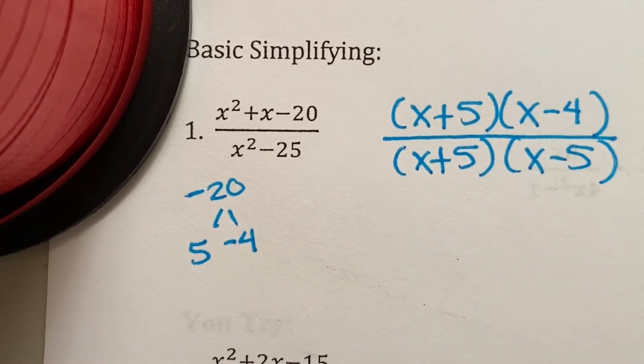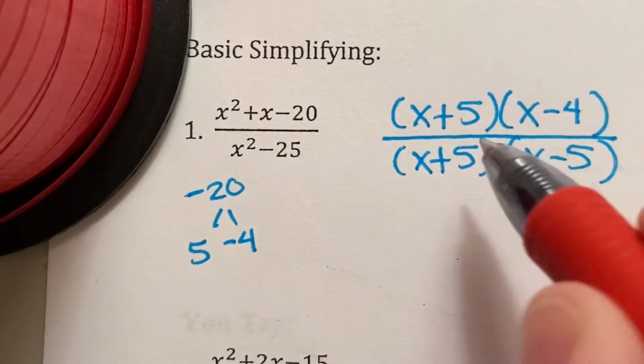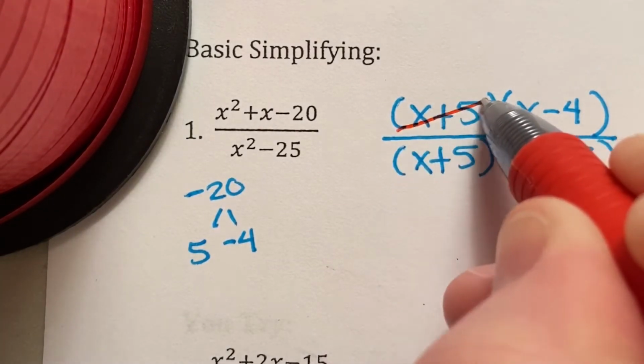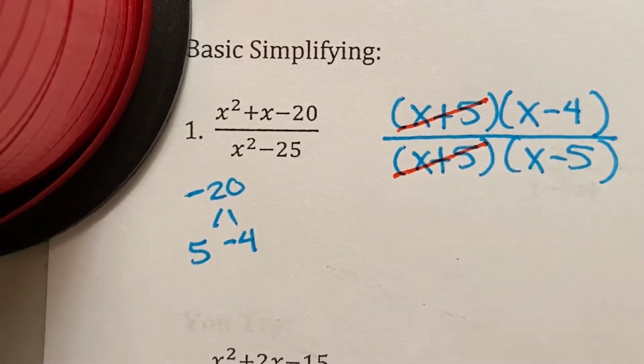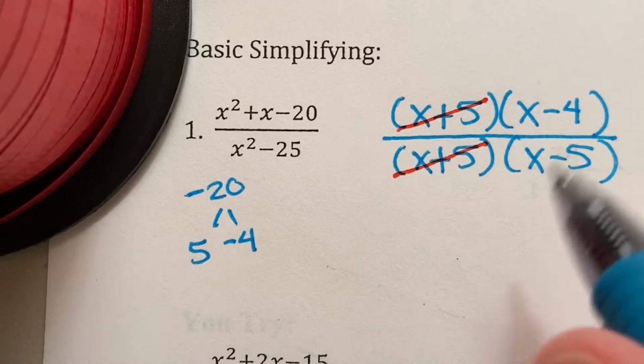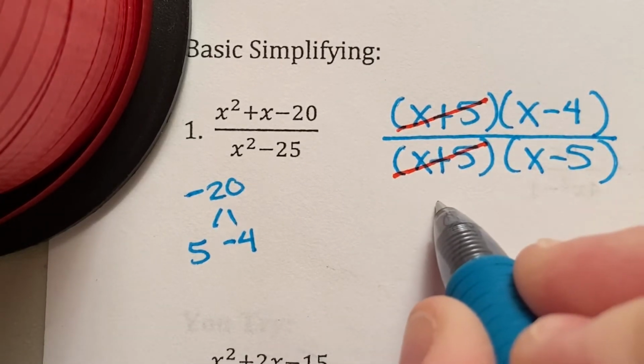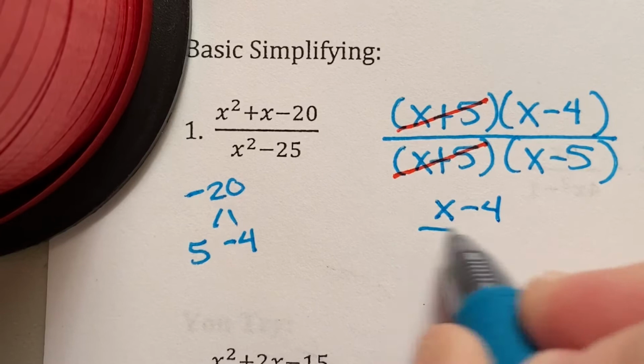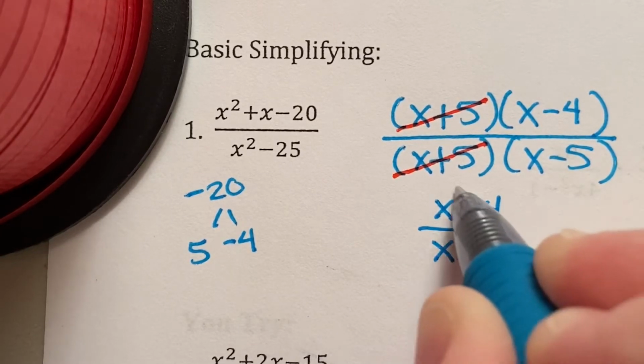Now that we have factored both the numerator and the denominator, you're going to cancel out anything that can cancel out, but it has to be identical in the numerator and the denominator. So for this problem, the only thing that can cancel is the x plus 5 and the x plus 5, because it's the same thing in the numerator and the denominator. So my simplified answer is x minus 4 over x minus 5.